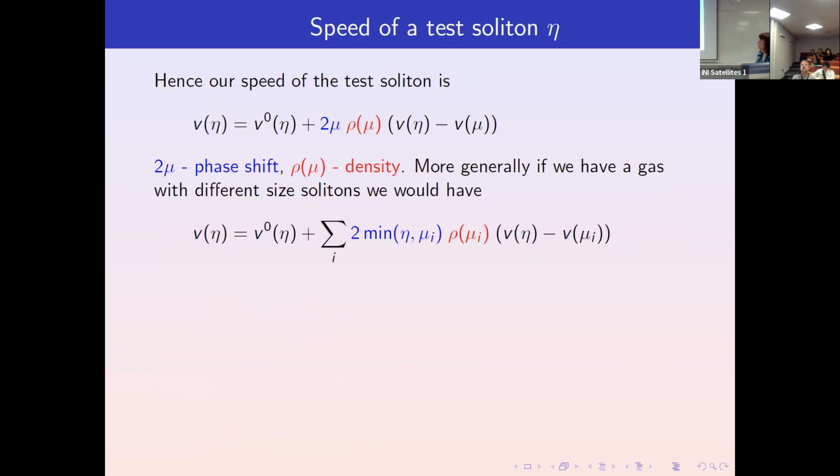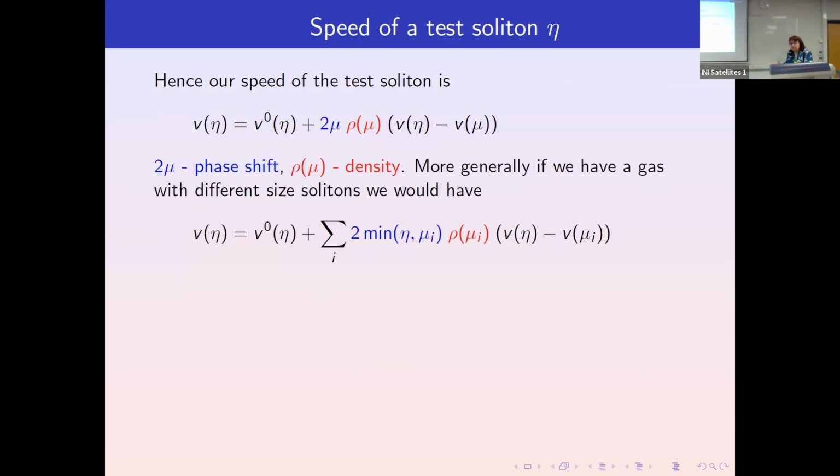So basically you can work out the speed of a test soliton, and it'll be given by this. The speed of a test soliton is given by what I call the natural speed, which is if there is nothing else in the system. And then you've got 2 mu, which is your smaller soliton, that's your phase shift. Then you've got the density times the difference in the speed, so it's v eta minus v mu.